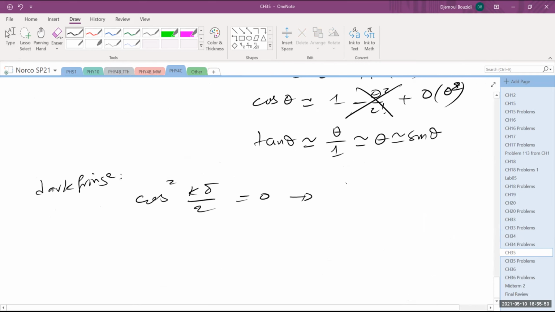So that means that k delta over 2 must be either pi over 2 or 3 pi over 2 or negative pi over 2, or negative 3 pi over 2, as multiples. So here is how we write it.